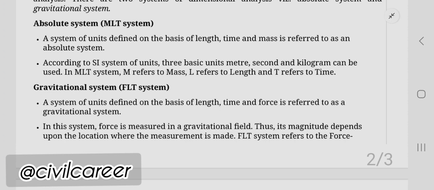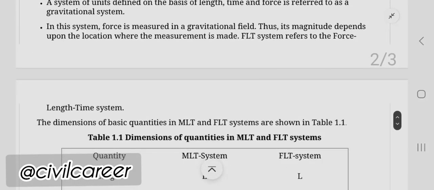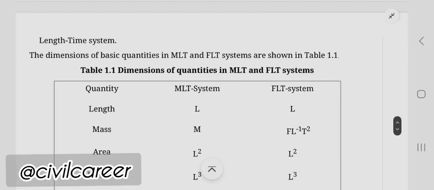In this system, force is measured in a gravitational field, thus its magnitude depends upon the location where the measurement is made. FLT system refers to the force, length, time system.